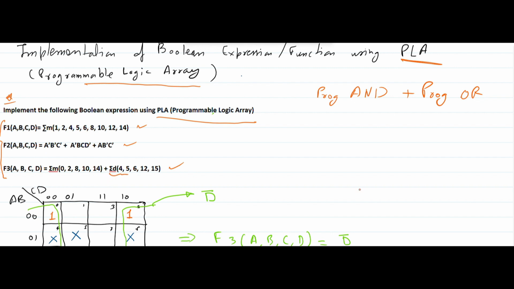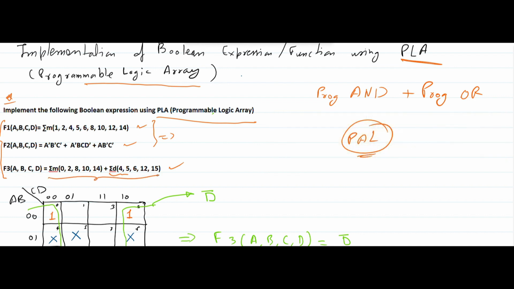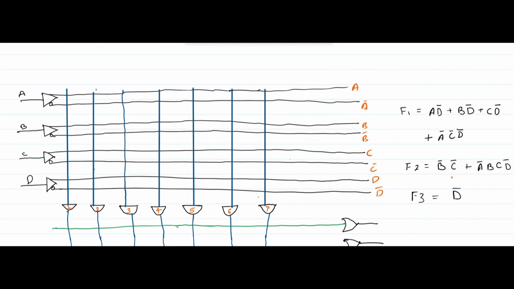In the previous lecture, when I taught PAL, I already used this to implement using PAL and I solved this too. So in this particular example I will simplify f3 only, because f1 and f2 are already simplified in the previous lecture.